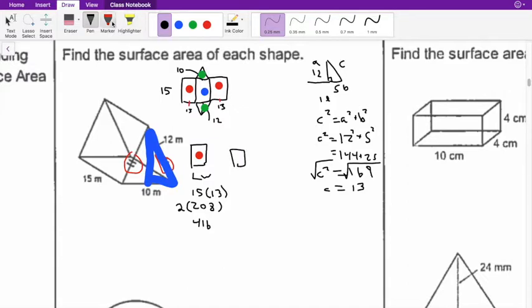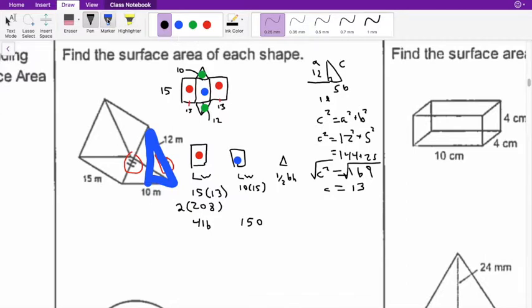Then we have one blue one. The one blue one, we have length times width again. And that is going to be 10 times 15, which is going to equal 150. There's only one of those. Then we have our triangles, which is half base times height.